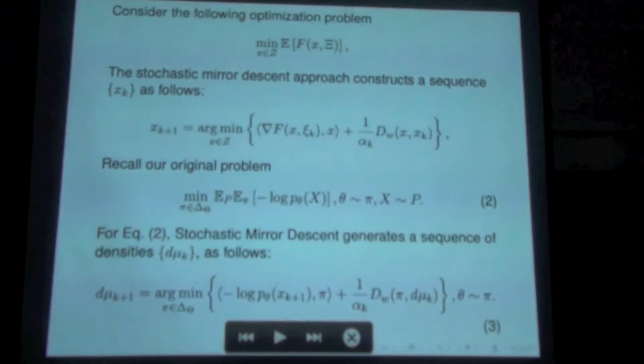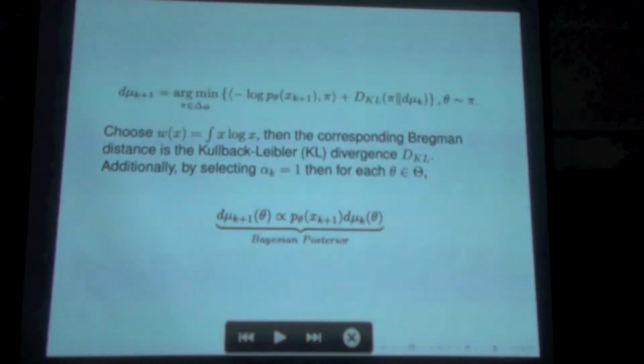So it turns out that, I've just written it here again, this optimization problem, when you pick B to be the Kullback-Leibler divergence, has a closed form solution. Right? So you don't need to use anything to minimize it because it has a closed form solution. And what is this closed form solution? It's just Bayes' method.